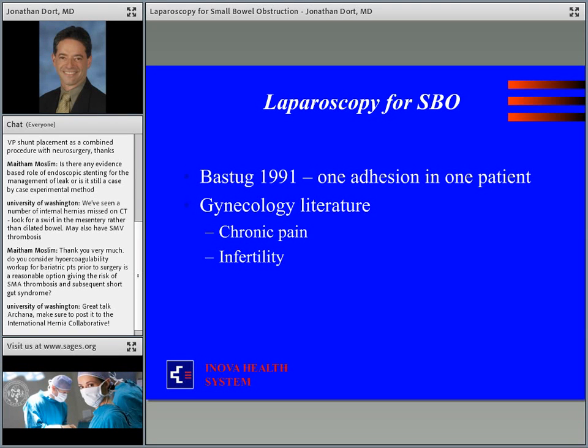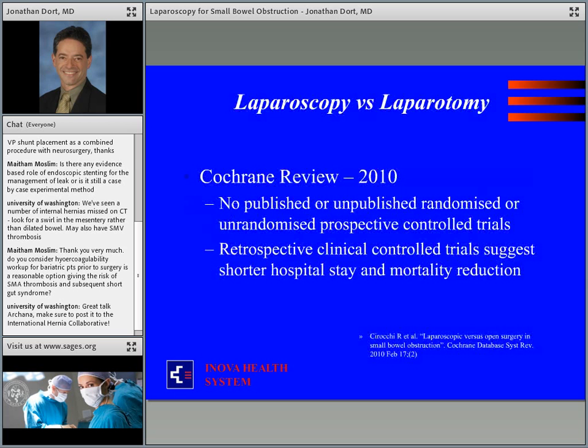As you move along over the next 20 years, there is not a lot of great data discussing the role of laparoscopy for bowel obstruction.